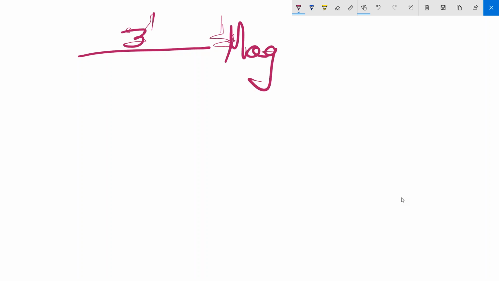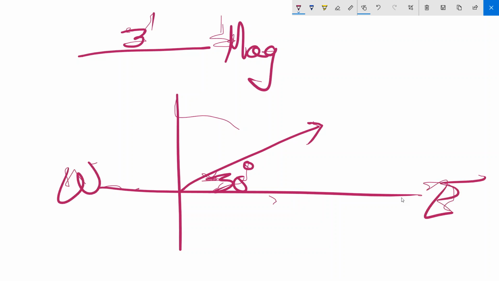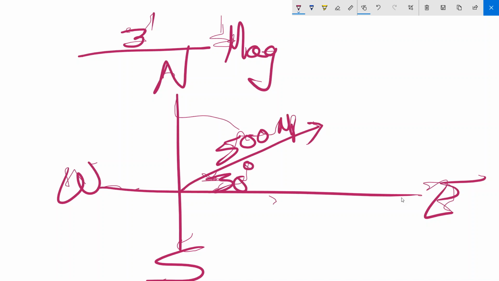But if I have an airplane flying like that, 30 degrees north of east, that's east, that's west, that's north, that's south, and this airplane is going at 500 miles per hour, that's its magnitude.